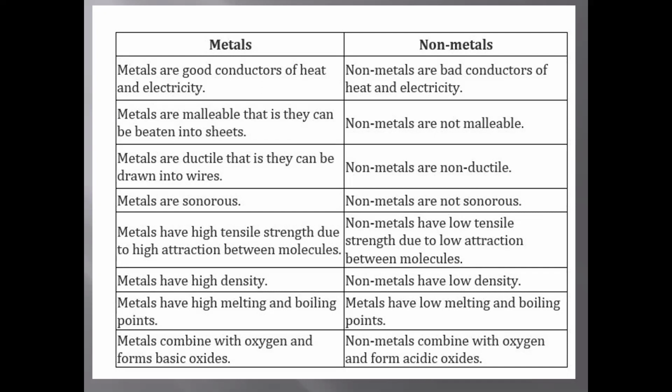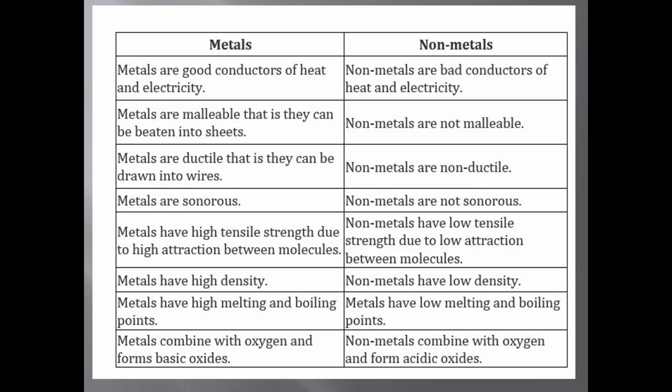Next, metals can be beaten into sheets, that is, they are malleable. But non-metals are not malleable. But there is again one exception to this, carbon fiber. Carbon fiber is one form of carbon, a non-metal, which is ductile. So this exception needs to be learned.